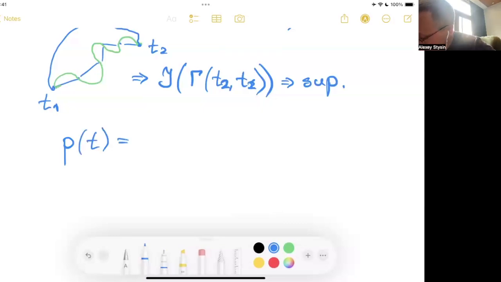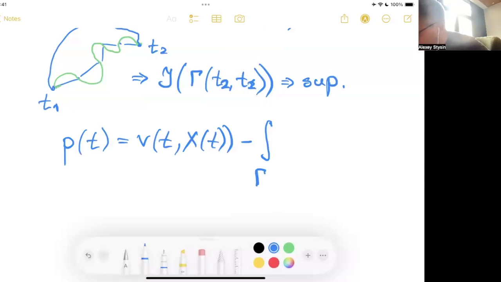So the payment of t is going to be, basically we're using the same definition from the discrete case, but here this is going to be an integral over any curve gamma going from some reference point T0 to T, with a gradient with respect to the first argument.